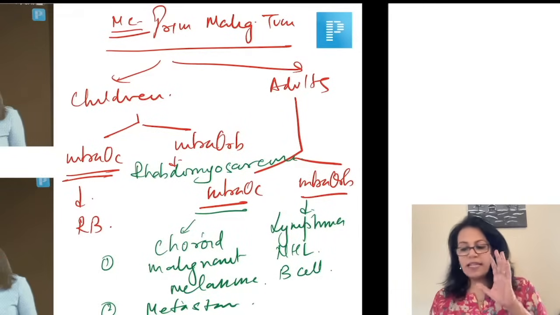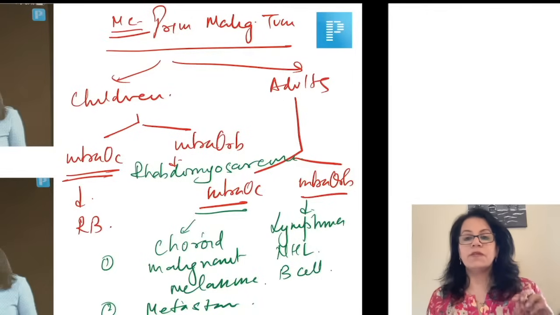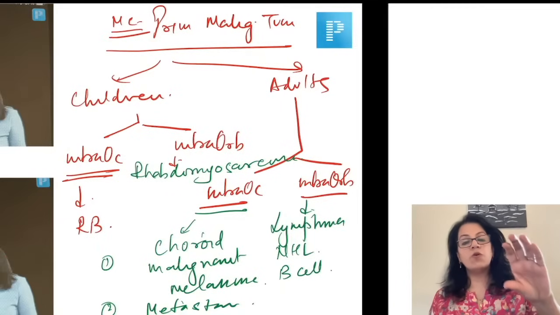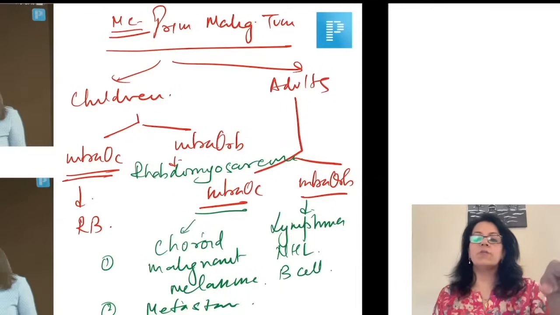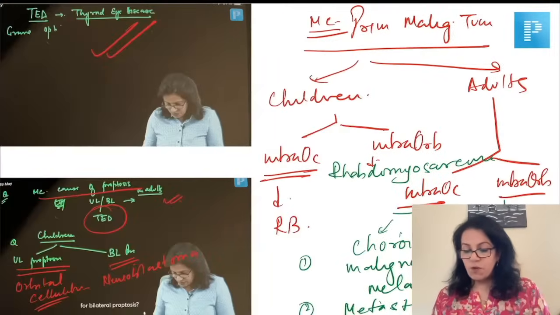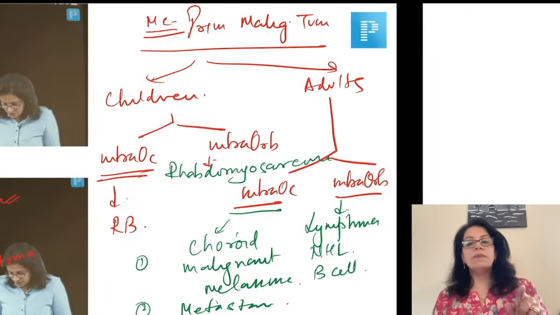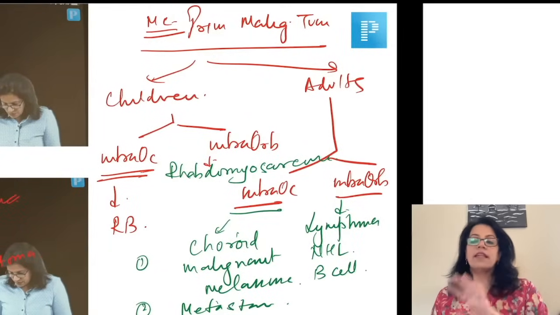There is a question on most common from this chapter that I'm going to tell you, so revise this for your exams as well. They have also asked you the most common source of metastasis in the orbit. Have you read it? What will you answer? For females, it is breast. For males, it is lung.